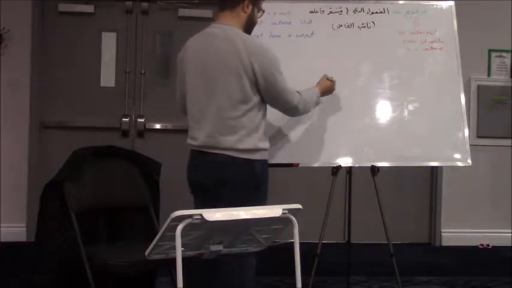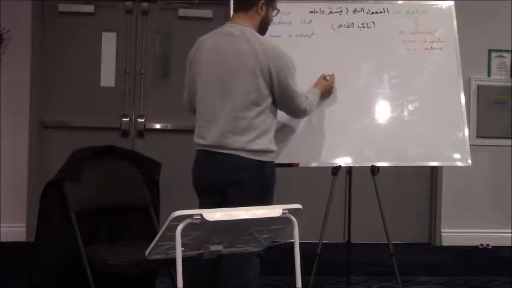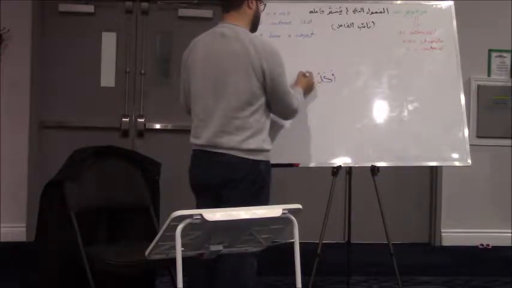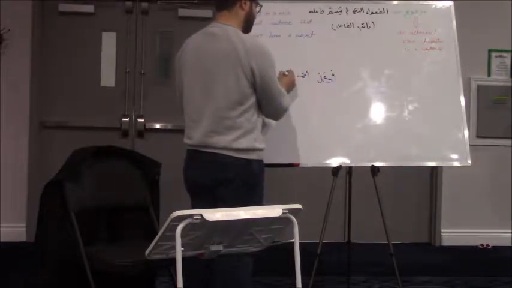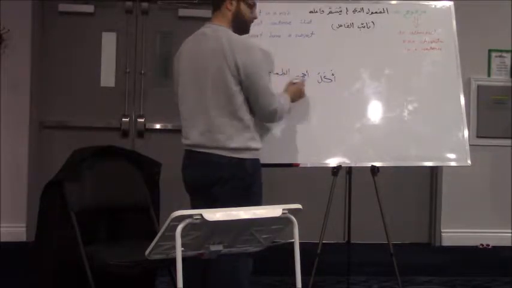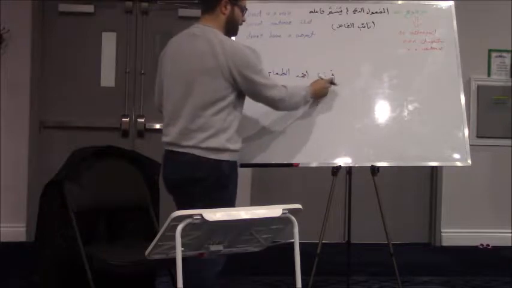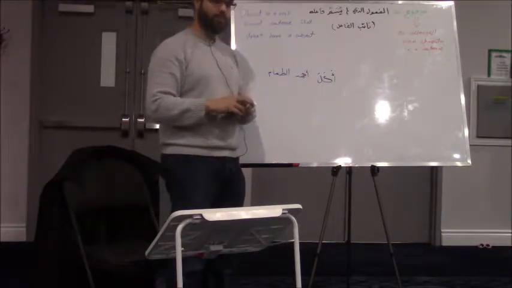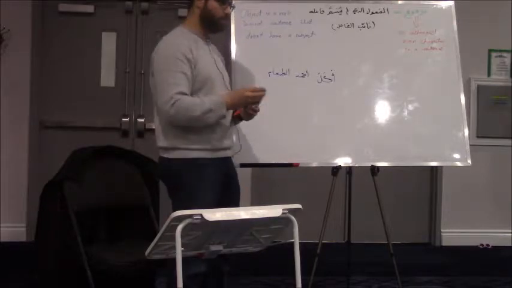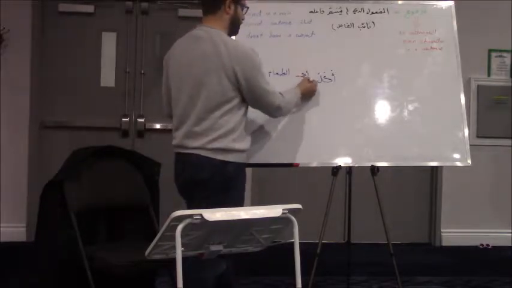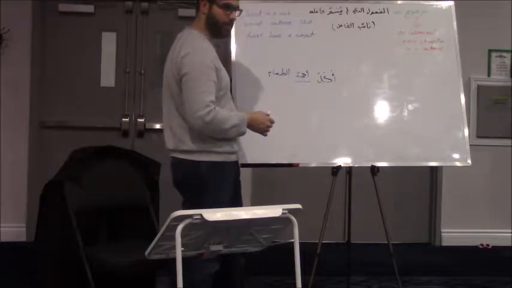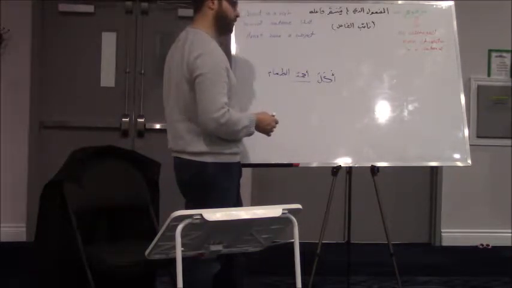So أكل أحمد الطعام. Okay, so أكل is a verb, right? So it's a verb-based sentence. A verb-based sentence is going to need a subject, right? Who's the subject? Who did the eating? It's marfu'. The dhamma is the marker of rafa', right? So أحمد is marfu'.